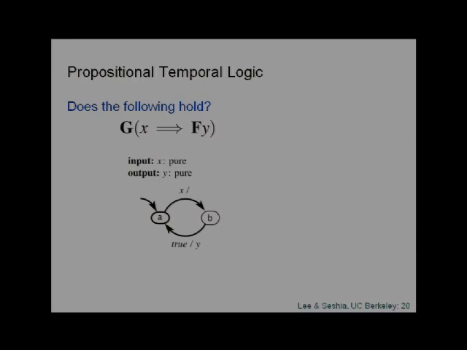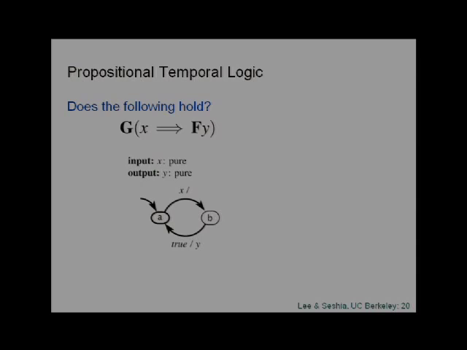Right. So when the machine starts in A, the only time you have a trace is when you take steps, when you make transitions. When you make a transition out of A, the only way you can do that is if you get an x. So the moment you make a transition out of A, this part becomes true.